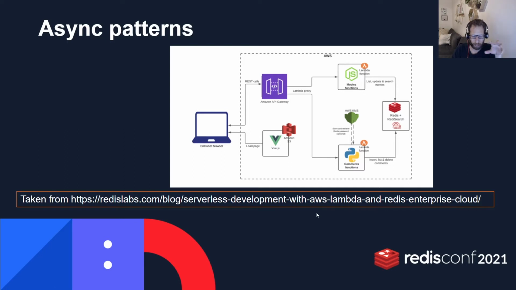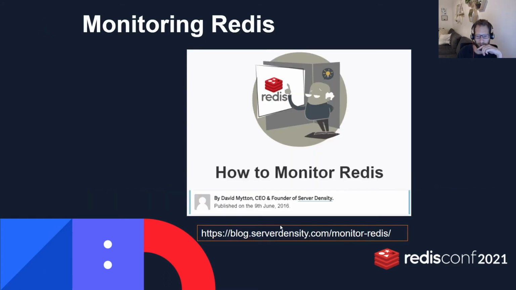So there are two parts in monitoring a modern cloud production. One is monitoring the specific services, and I'm going to cover a couple of simple services to monitor Redis, but they're going to give you some very good jump start. And the other part is monitoring the microservices, especially in a distributed kind of environment.